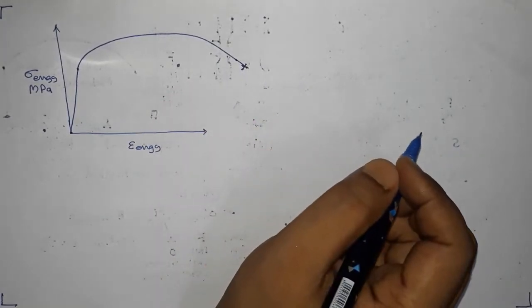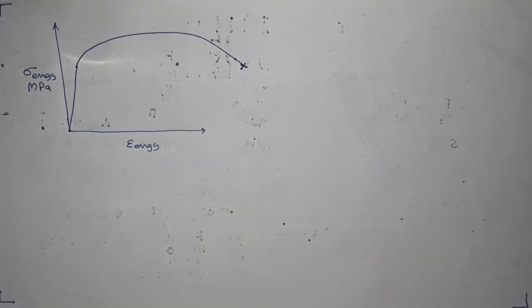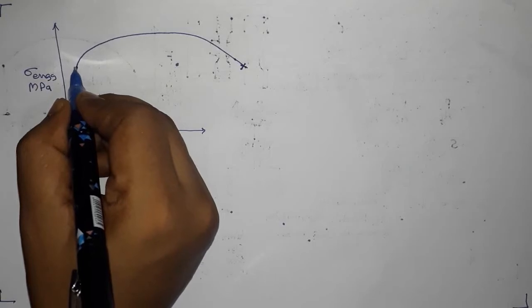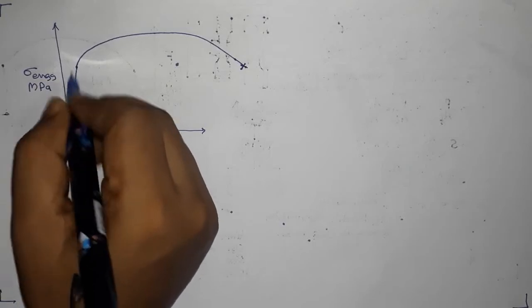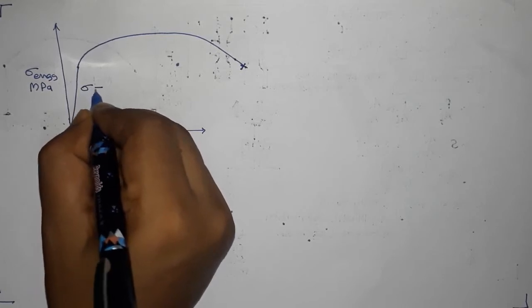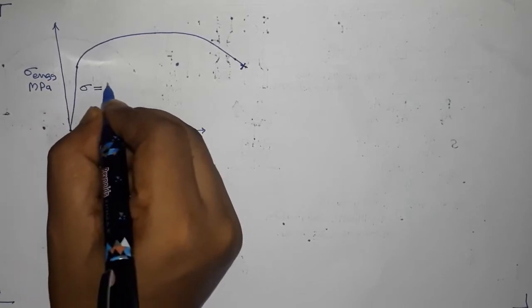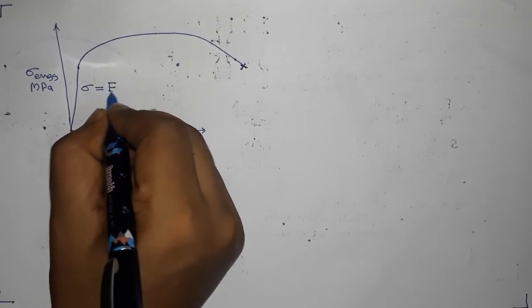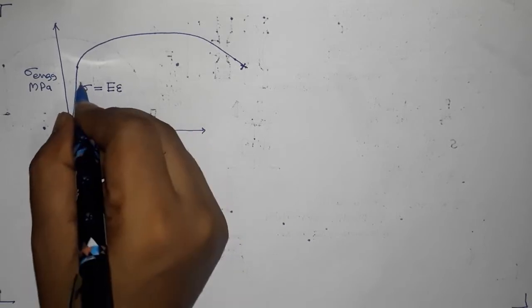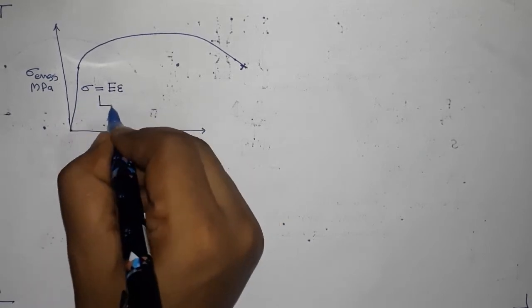Okay, so now there are different points in it. First one, so initially what is there? Initially the region where sigma follows a constant relationship, which is given by elastic modulus into the strain. Okay, so this part is the linear part, right?